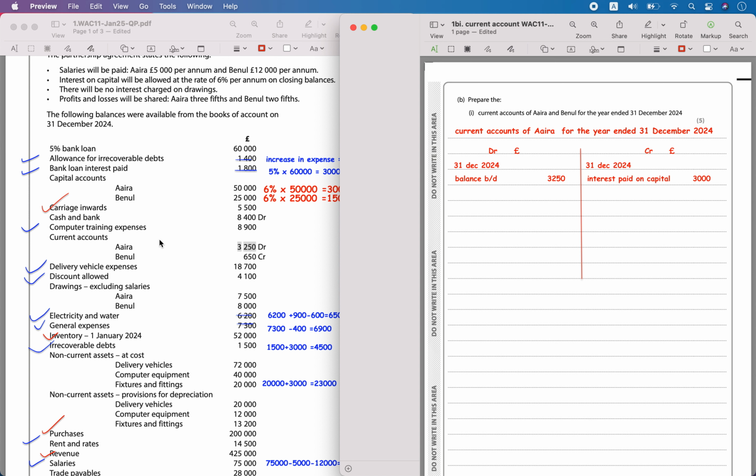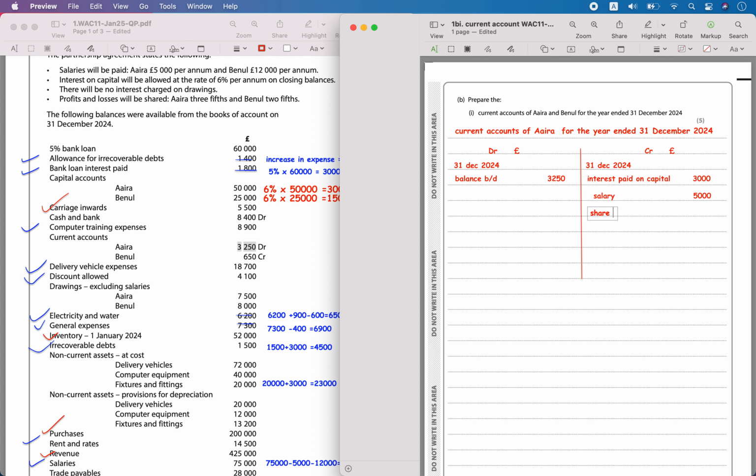Then we have to include salaries paid. The salary paid was 5000. Then we have to include the share of profit, the profit for Aaria from the previous part A question.